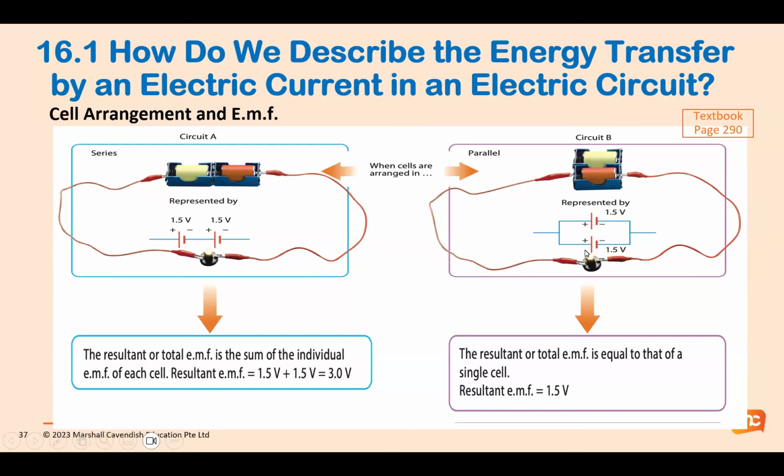When I combine back, I have more charges, but each charge will still only carry with it 1.5 joules of energy. So the resultant EMF will be that of a single cell only. No matter how many batteries I connect in parallel, I will only have 1.5 volts.